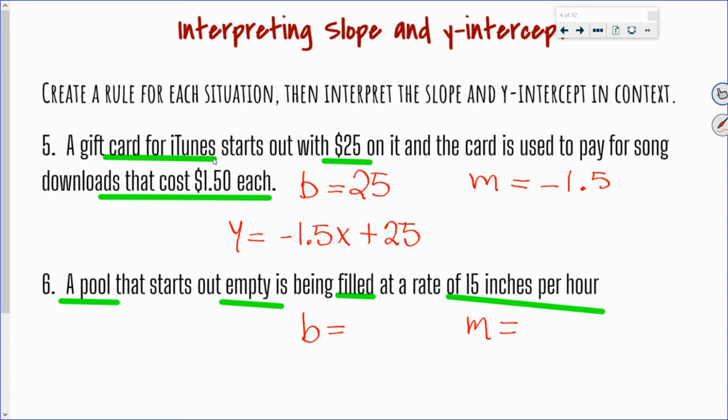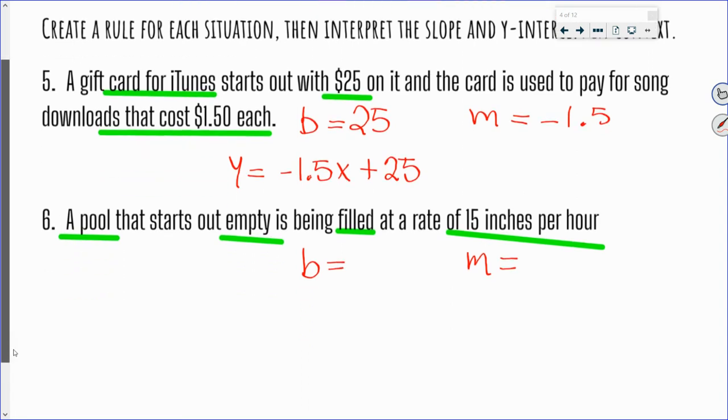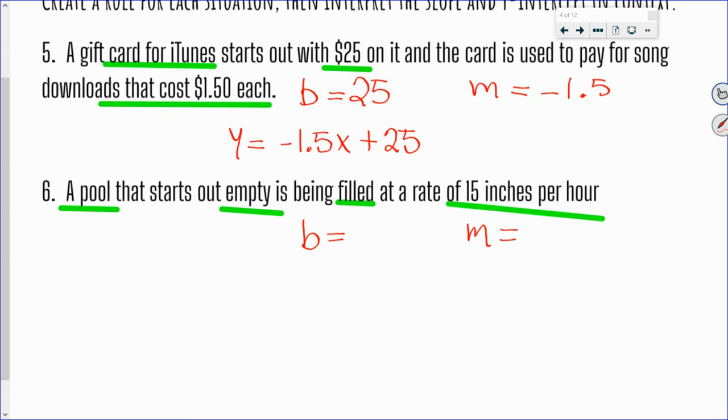Seems pretty simple. Questions? All right, let's look at the last one. Pool is empty. And we start putting water in. If you ever put water in the pool, it takes forever. All right, so what's my y-intercept? 0. Yeah, starts out empty, no water.